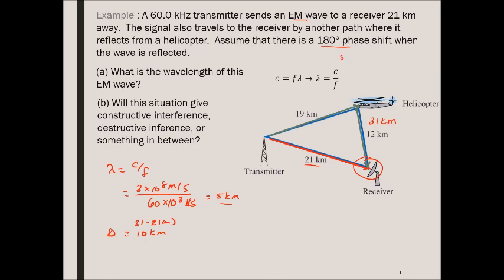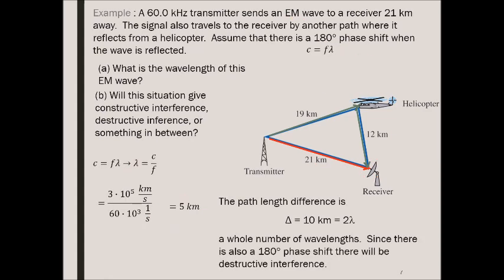So in this case it's going to be 5 over 2, or 2.5 kilometers farther, and so therefore we're going to have destructive interference. And here those values are again nicely typed up, and we do have destructive interference because of that phase inversion upon reflection.